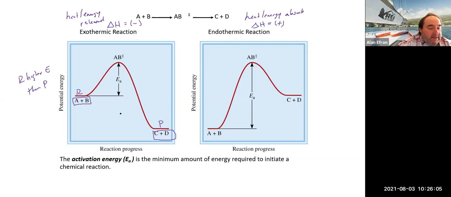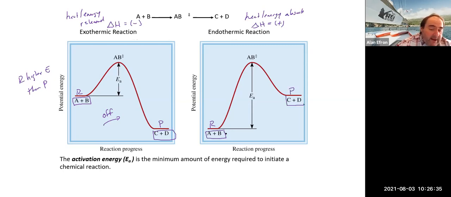And the only way for our reactants to get down there in terms of energy to our products is energy has to be given off, which means this is a common exothermic energy diagram. Reactants higher in energy than products means that it's going to net give off energy, and it will be exothermic. The opposite is seen over here, an endothermic diagram. Our reactants are actually lower in energy than our products.